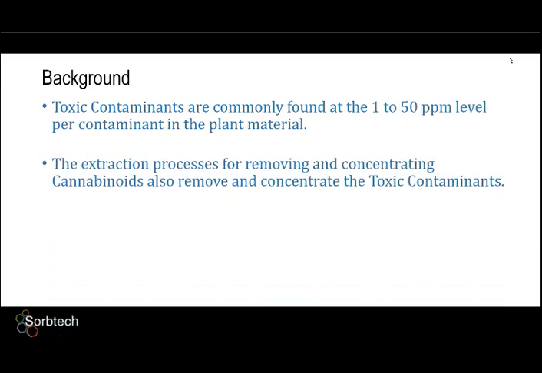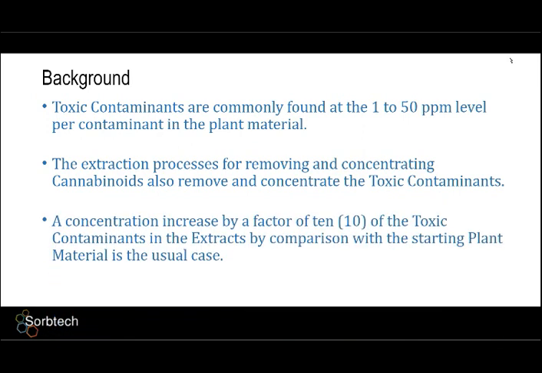And the extraction processes for removing and concentrating cannabinoids also remove and concentrate the toxic contaminants. Usually the concentration increase is a factor of 10 in the extracts by comparison with the starting plant material.